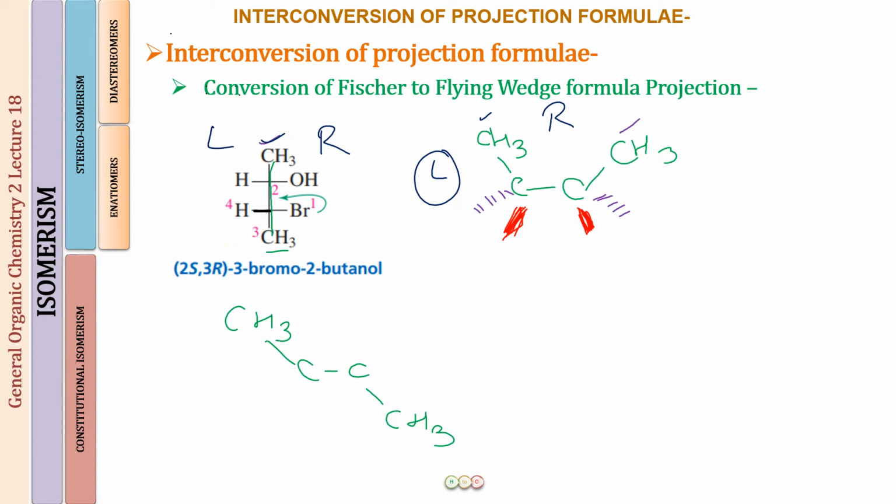Now whatever is on the left side in a Fischer projection, put it on the dash for the flying wedge projection.